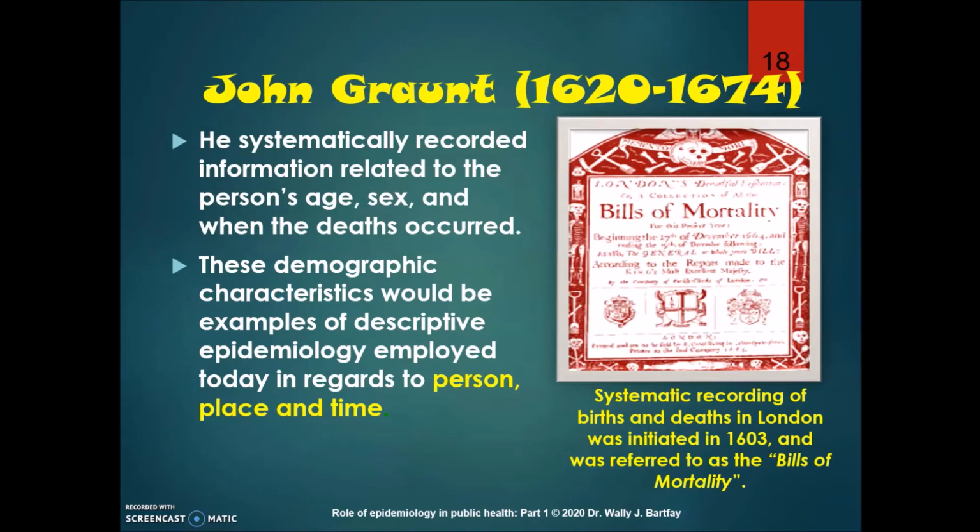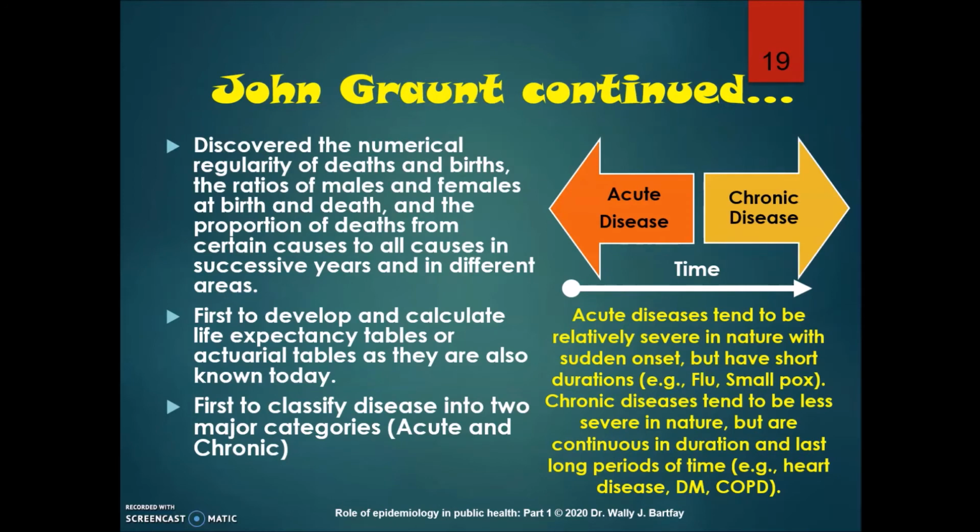Graunt systematically recorded information related to a person's age, their sex, and when the death actually occurred. And these demographic characteristics are in fact examples of descriptive epidemiology employed today in regards to person, place, and time, as we referred to in previous slides.